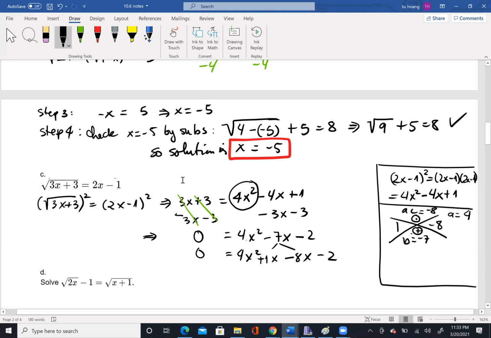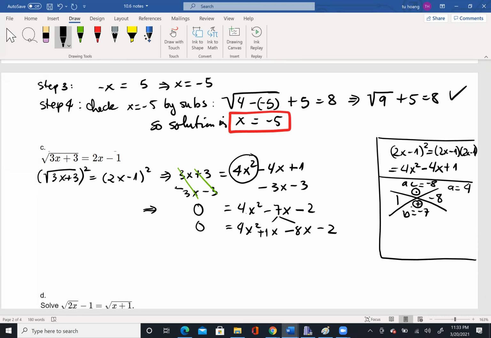Let me move down from here so we have more room. I'm going to factor out the greatest common factor between the first two terms. So it's x. So I have 4x plus 1, right? And the second two terms, I'm going to factor out the -2. So I have 4x plus 1 also.